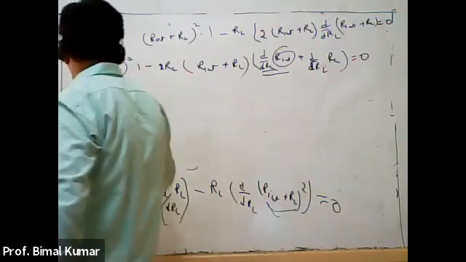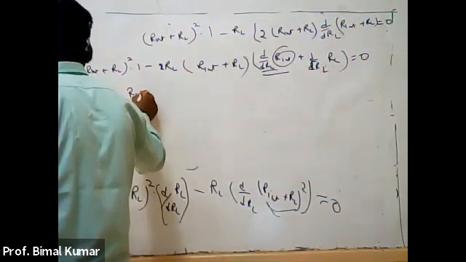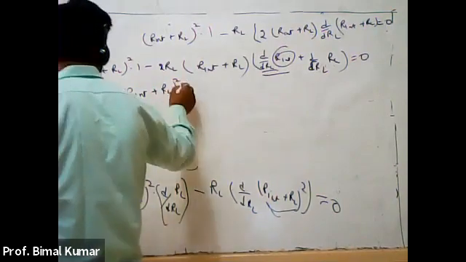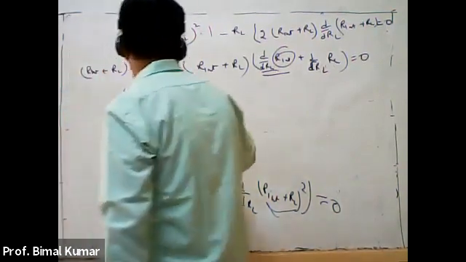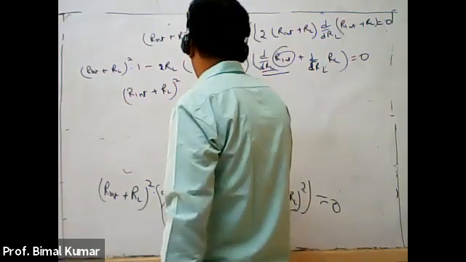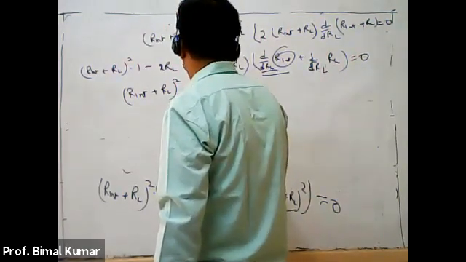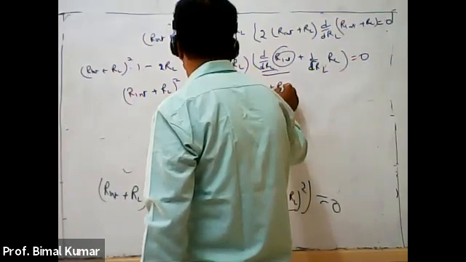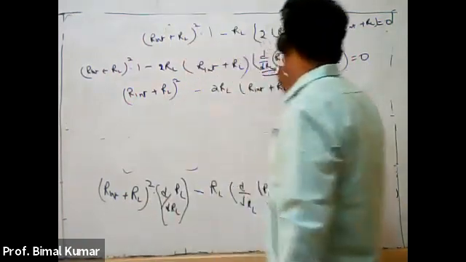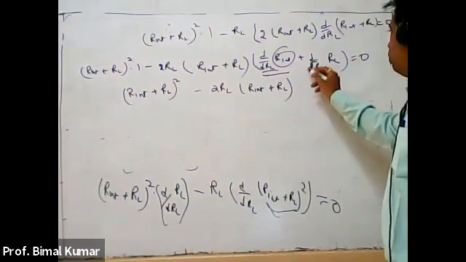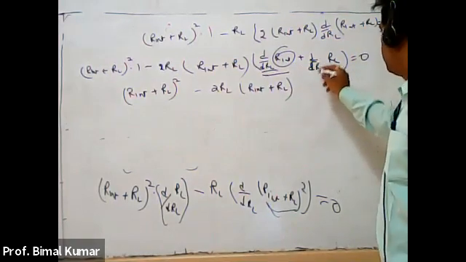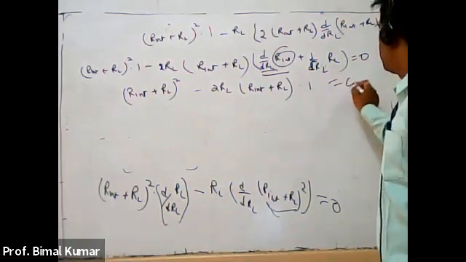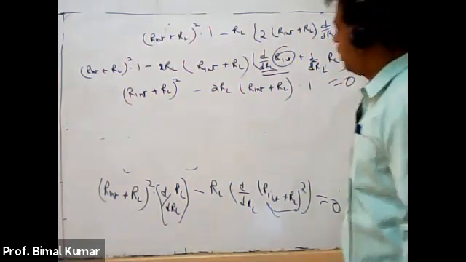So this will become (R internal plus RL) whole square minus 2RL into (R internal plus RL). d by dRL of R internal will be 0, plus d by dRL of RL will be 1. So 0 plus 1, 1 is equal to 0.